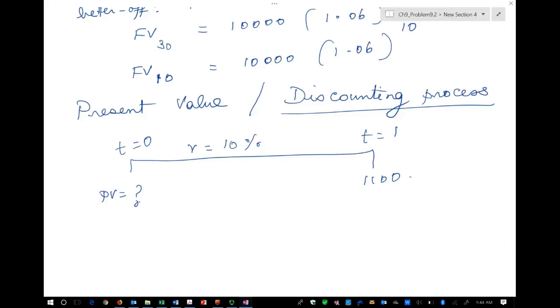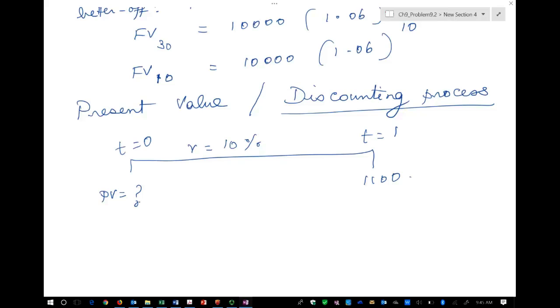Intuitively, if I receive $1,100 one year from today, and I want you to tell me what that $1,100 is worth today, what am I doing? Given the rate, I am using the very same formula.